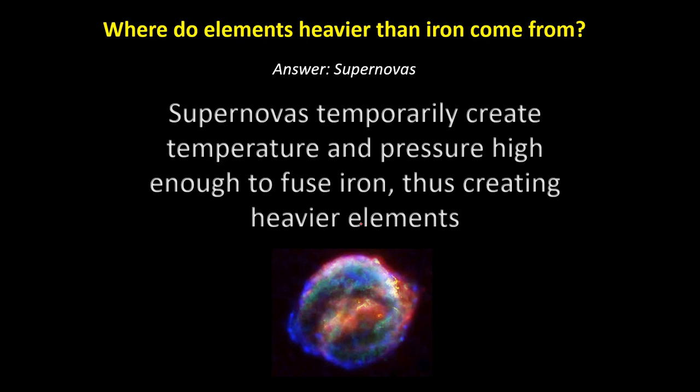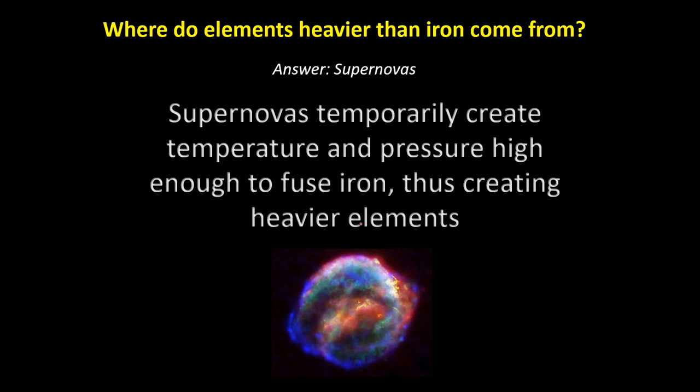Okay, a supernova is an exploding star, and that massive release of energy is enough to create elements heavier than iron. So anything heavier than iron had to be created in a supernova.